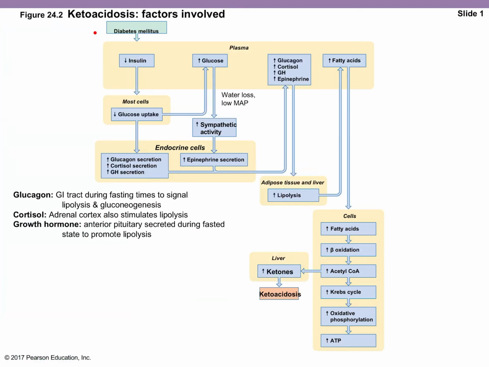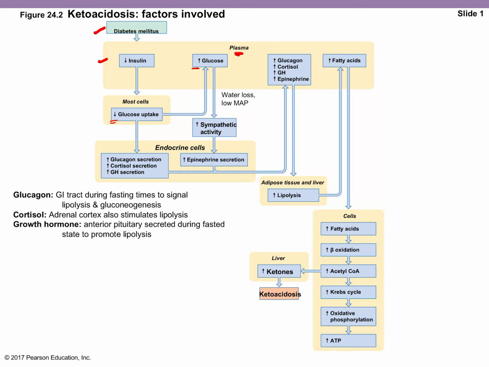So in your plasma, if you have diabetes, you're going to have low insulin, okay? And then what that's going to do is for most of your cells, they're going to reduce that glucose uptake, right? So if you don't have insulin, and remember, think about this in terms of type 1, low insulin, we don't have glucose uptake, and so that leads to high glucose in the bloodstream, the plasma.